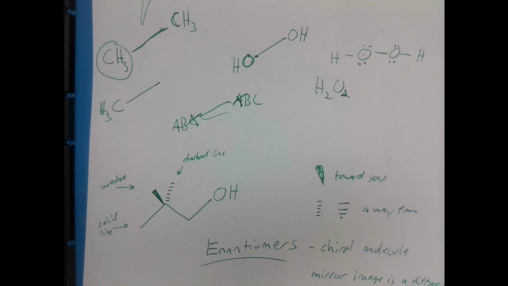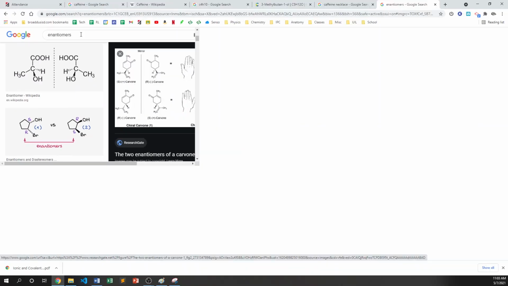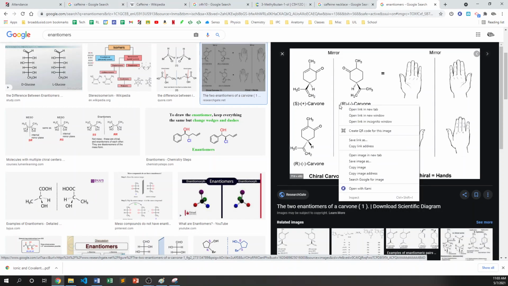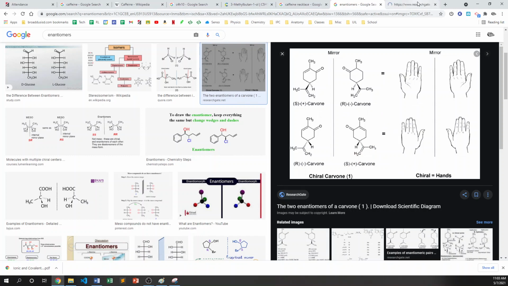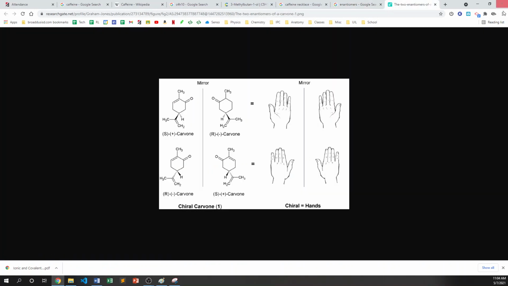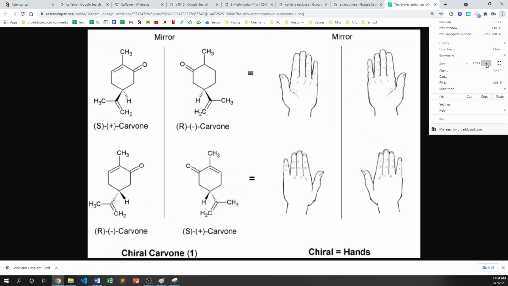Let me look up an example. So here they're both pointed away from us when we rotate them.